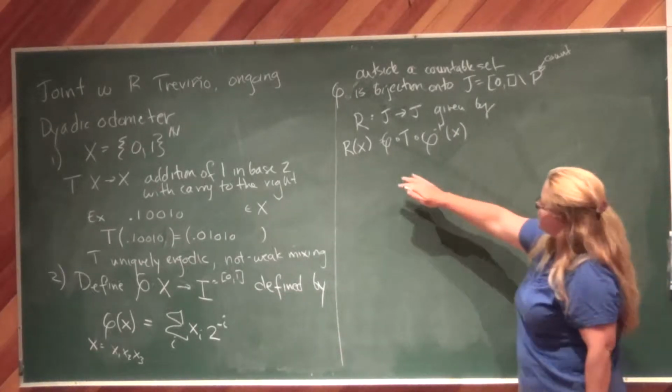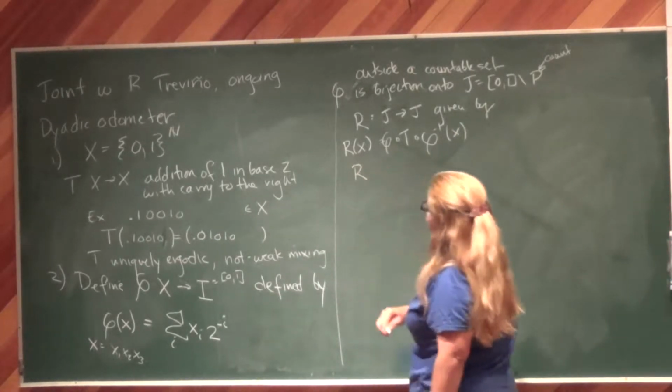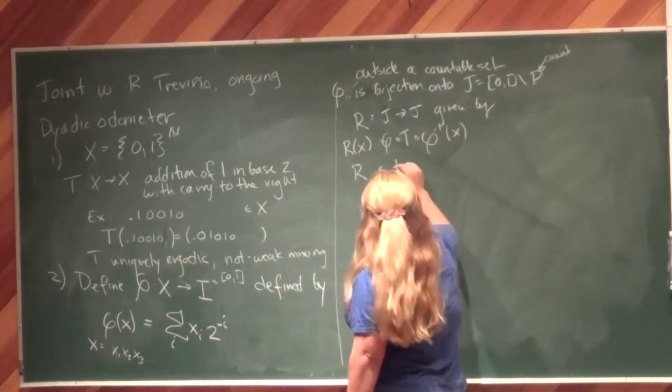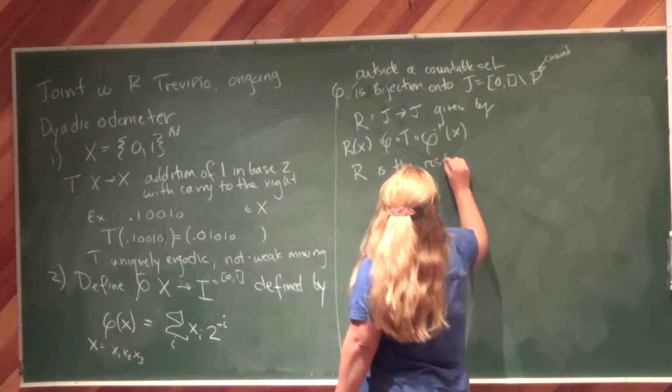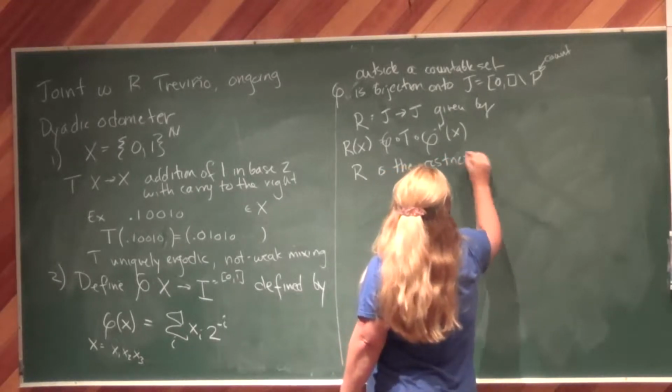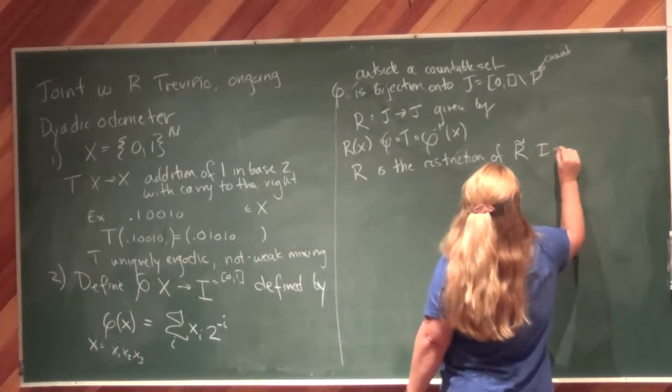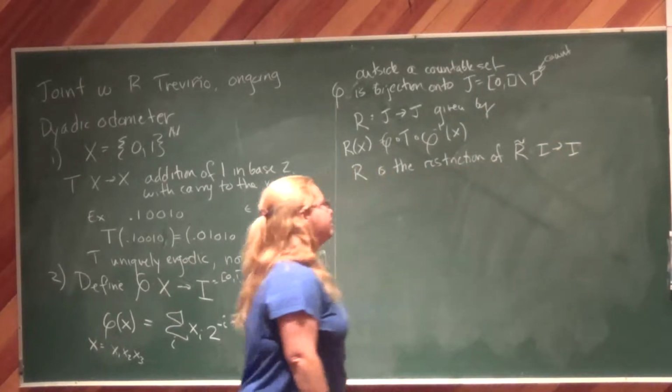And this map R is just the restriction to my set J of R tilde, actually defined on the unit interval I to I.